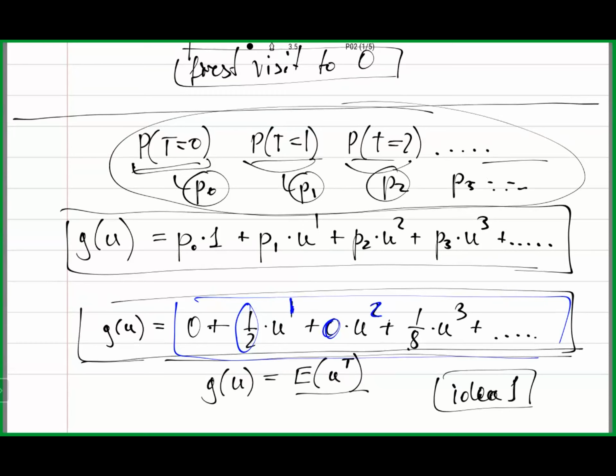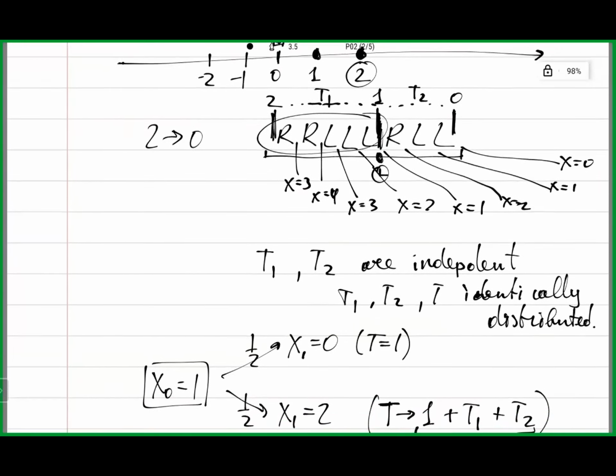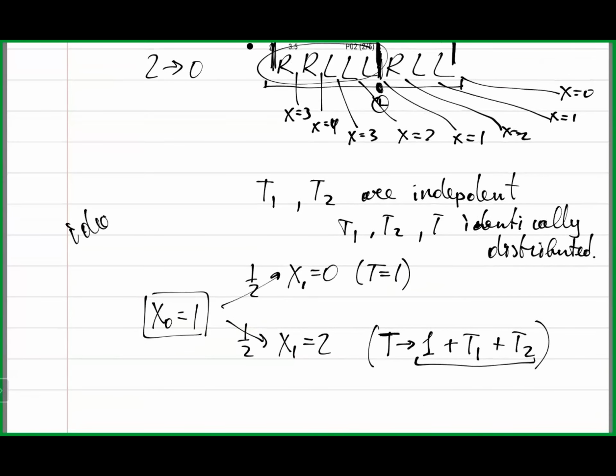The first powerful idea we have used: pack P0, P1, P2 into one function. So pack infinitely many mathematical objects into one more complex mathematical object. That's the first idea, the idea of generating functions. And the second idea, the idea of first step analysis.